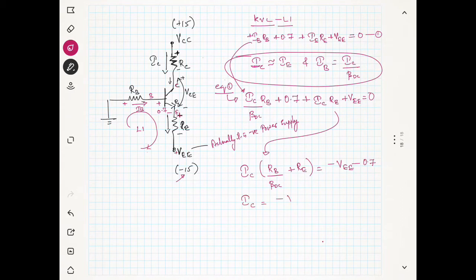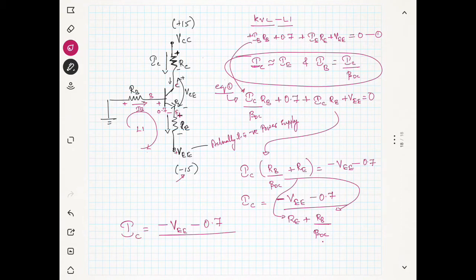IC is equal to minus VEE minus 0.7 divided by RE plus RB over beta DC. So this is the equation for finding the IC.